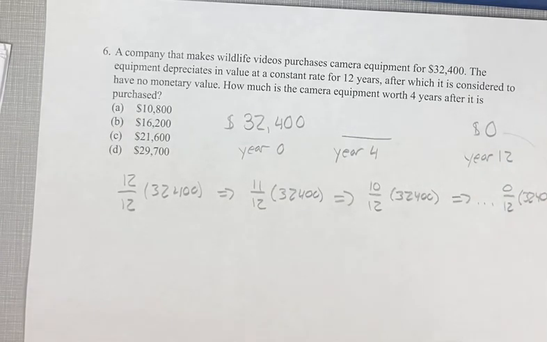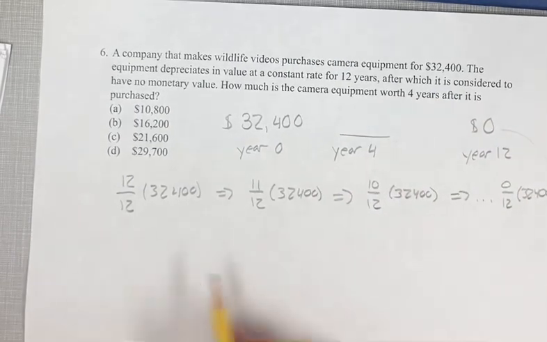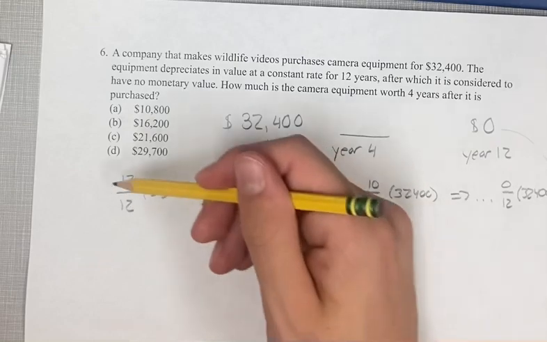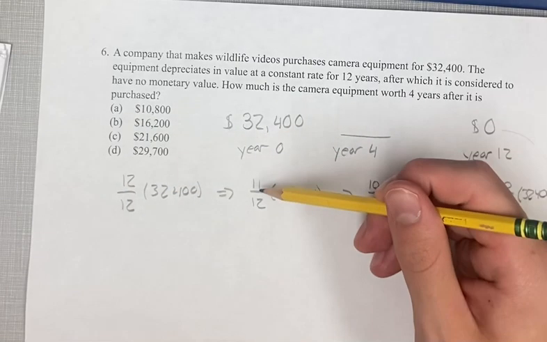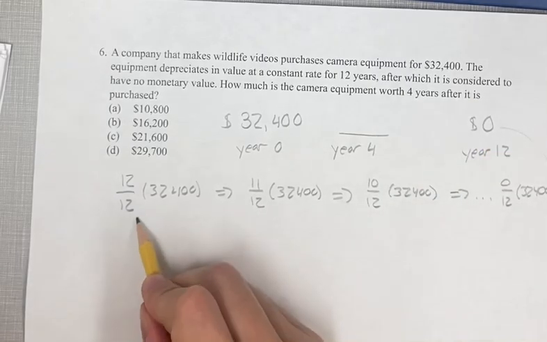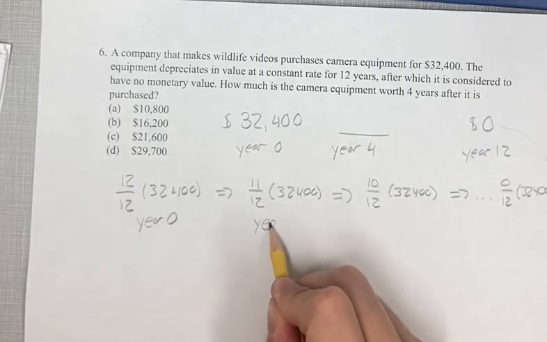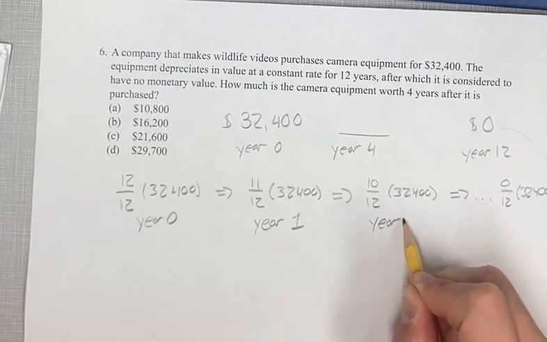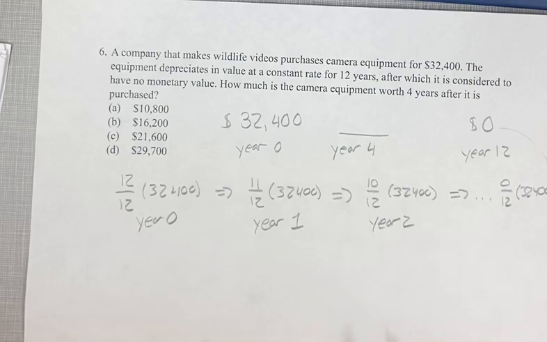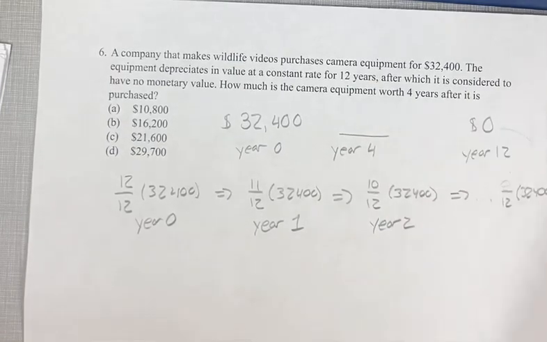So how much is the camera equipment worth after 4 years? Well, in year 0, it's 12/12 of its value. In year 1, it's 11/12. So I'll write down the years. This is year 0. This is year 1, so 1 year after being purchased. Year 2, 2 years after being purchased. And then let's not skip all the way to 0.